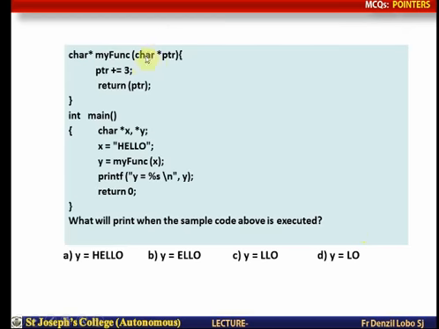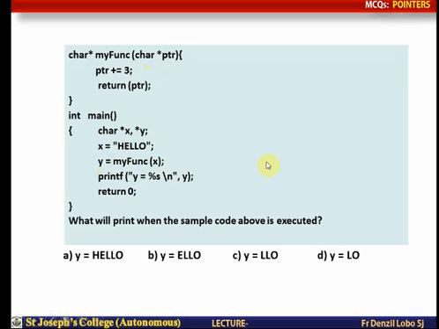Again, my function returns ptr plus 3. I'm giving a pointer, and it is going to give ptr plus 3. So for example here, x is equal to hello, characters. So y is equal to my function x; I'm calling x.